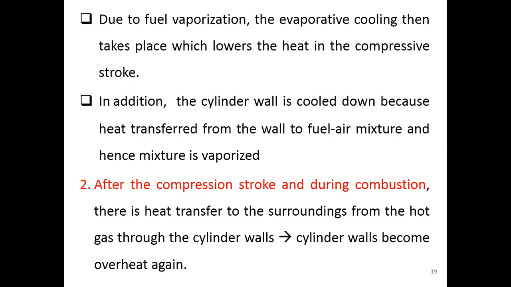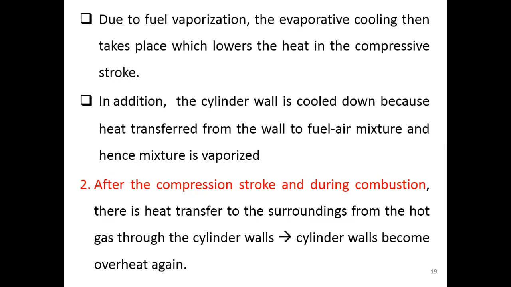Second, we have the heat transfer that happens after the compression stroke and during combustion. This time, combustion has happened, so everything inside the combustion chamber has a high temperature.